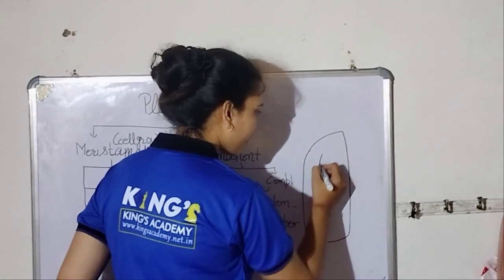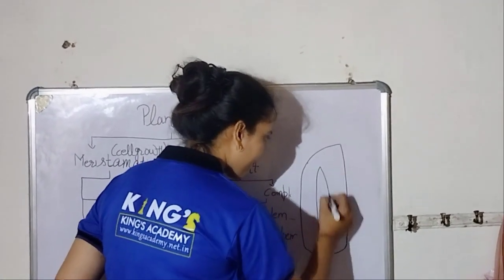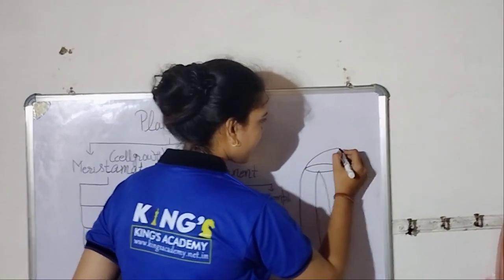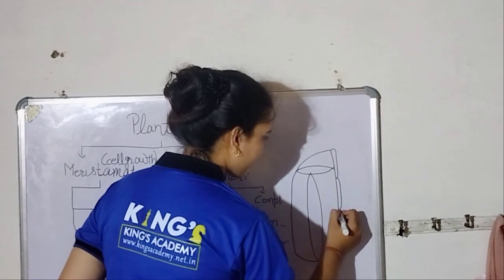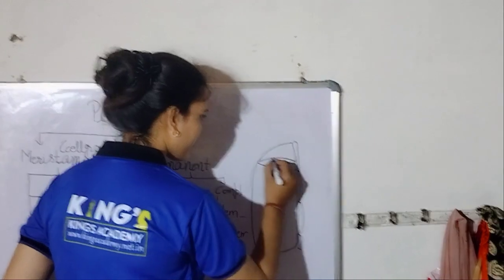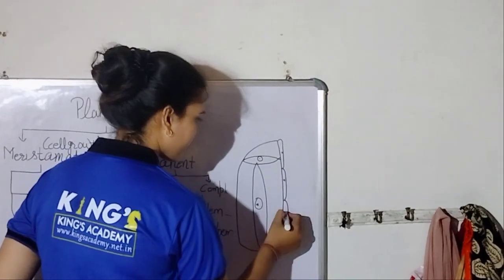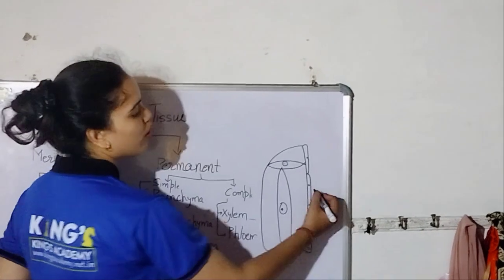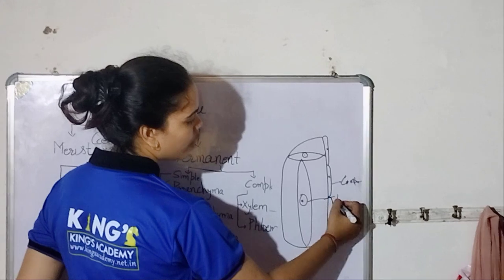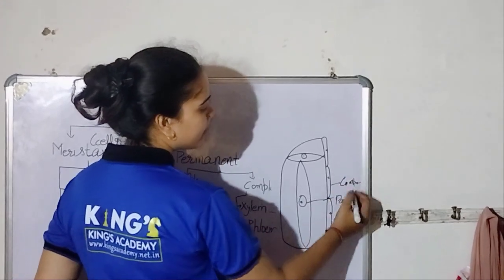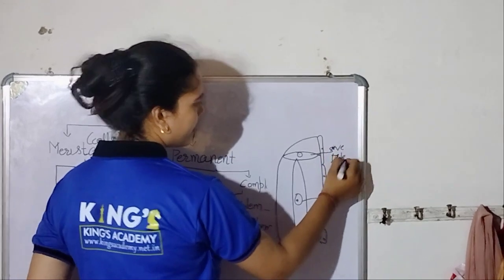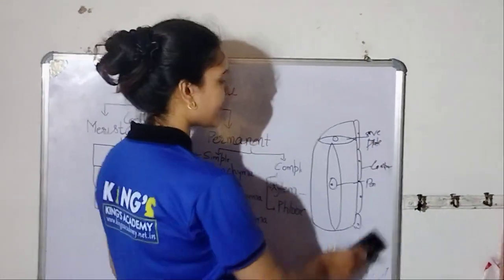The outer cells are called companion cells. These cells are called phloem cells or phloem parenchyma, and this is called the sieve plate. So this is the simple diagram of phloem cells.